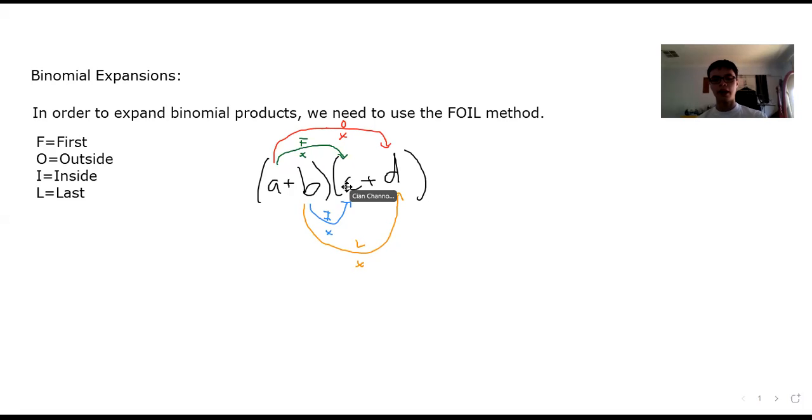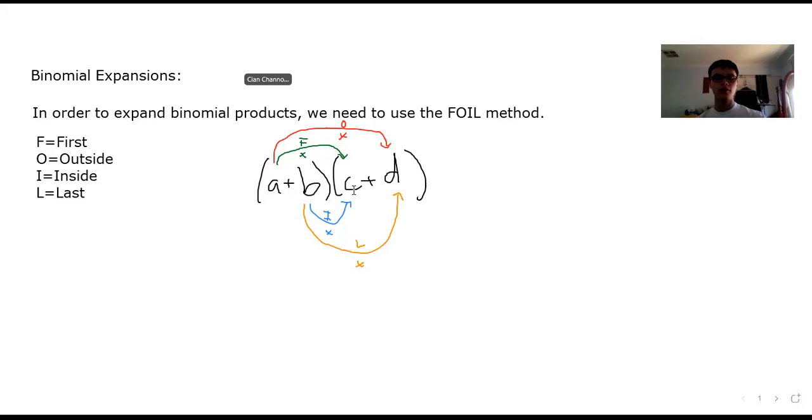So that's A times C. Then for the second part, we still focus on this A, and we multiply it by the last term in the second bracket, D. Now we're shifting our focus to this B term. Since we're done with A, we multiply B times C. So we're using the inside part of the FOIL method now.